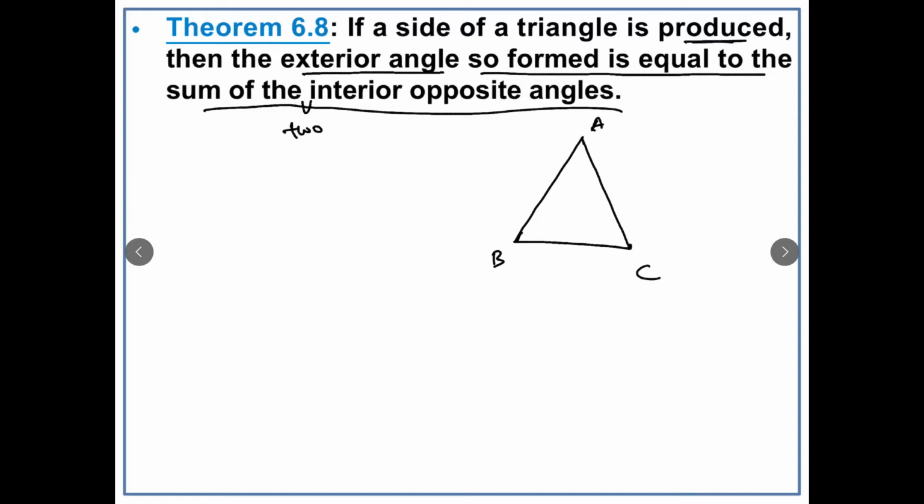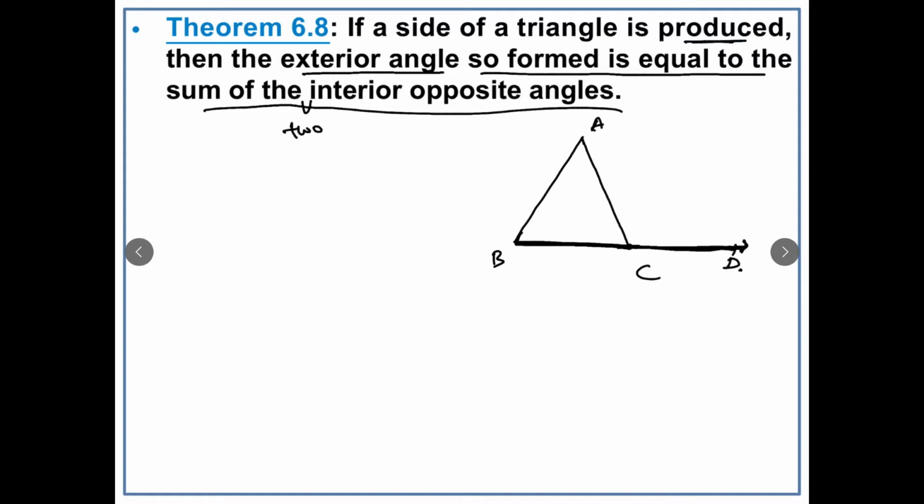So we are producing this side BC, starting from point B in the direction of C till a point, let's say D. So we have extended the line BC starting from B toward the direction of C till a point D.